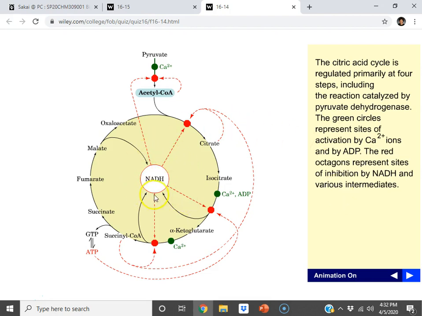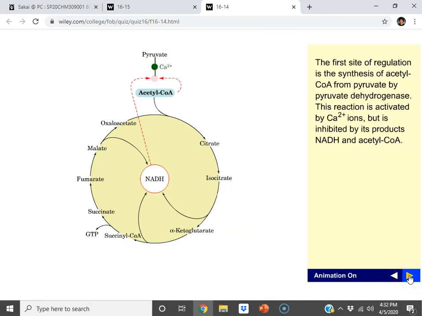So NADH is in the circle right here, indicating that it's an eventual product. So if we look at the pyruvate dehydrogenase complex, we can see that that's activated by calcium ions, but it's inhibited by its products NADH and acetyl-CoA.